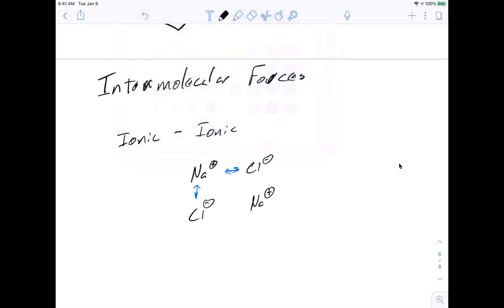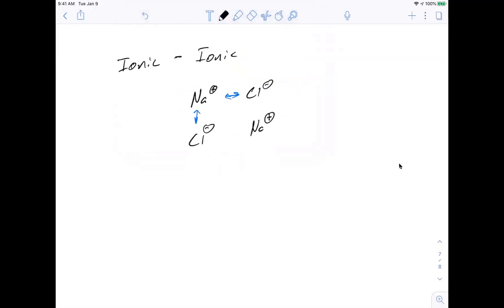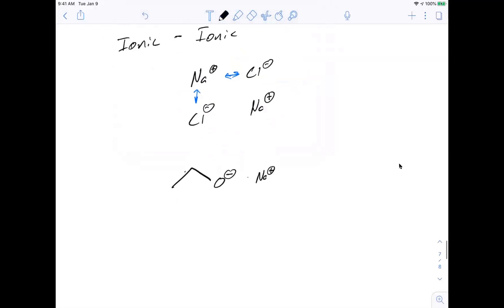In organic molecules, what we're going to see is, okay, we could have something like this.